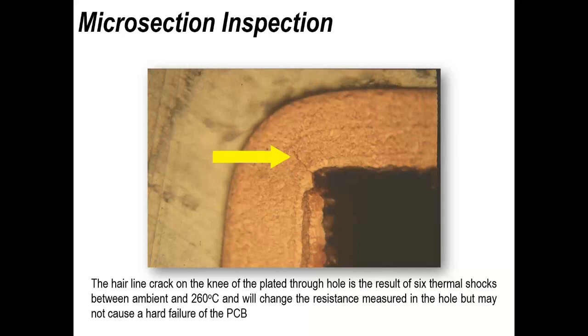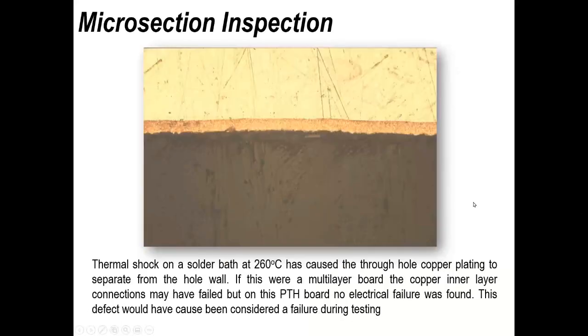It depends on how you're assessing your samples. Personally, I don't think it's ever going to fail the board electrically, but again, it may or may not be a failure depending on what your standard is. But it's just a nice example of what actually happens during thermal shock.